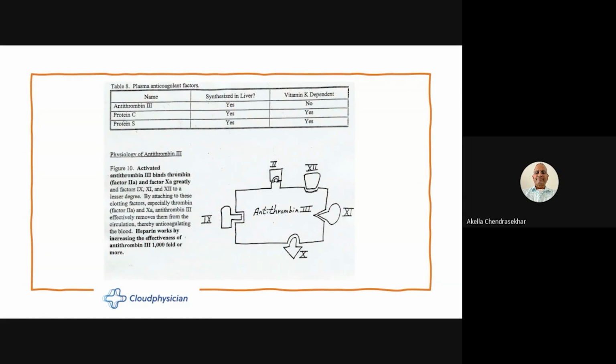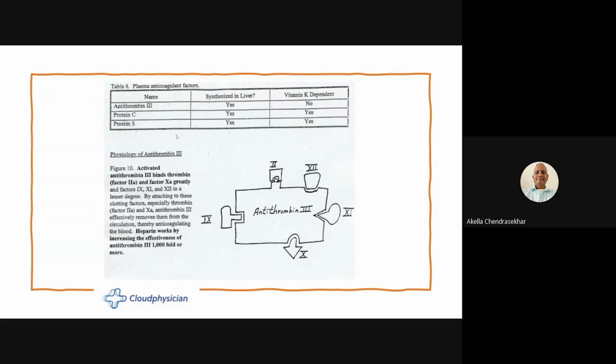So remember that. So whenever I have that, I always think, okay, I need to give fresh frozen plasma because fresh frozen plasma has antithrombin 3 in it. Kind of seems paradoxical that I would give fresh frozen plasma to get the PTT to rise, but it is true. That's how you have to think about it.